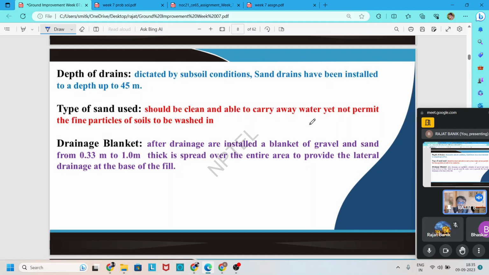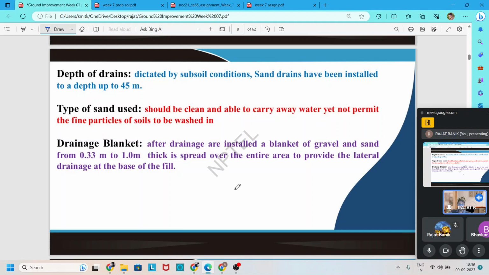We also need to ensure that during drainage the fine particles of the soil are not washed out. That means they should remain in contact with this sand drain. So this type of porous material is used in our vertical drain technique.